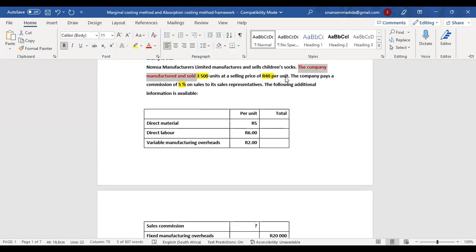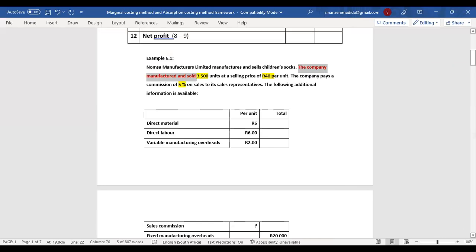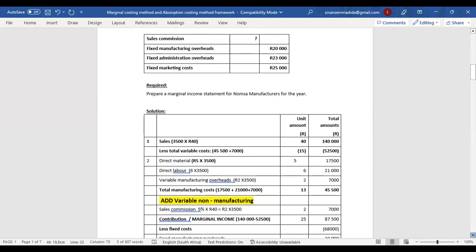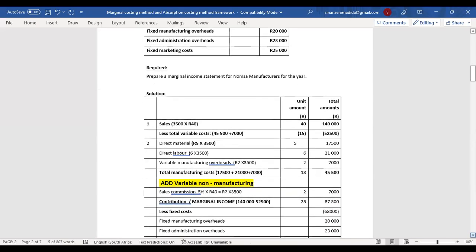In some questions, they are going to give you a different amount for the manufactured units and a different amount for units sold. And it must not confuse you, because you must remember that we are calculating an income statement. We want to see the profit that we made for only the units that we sold. So here we are going to stick to the units sold.